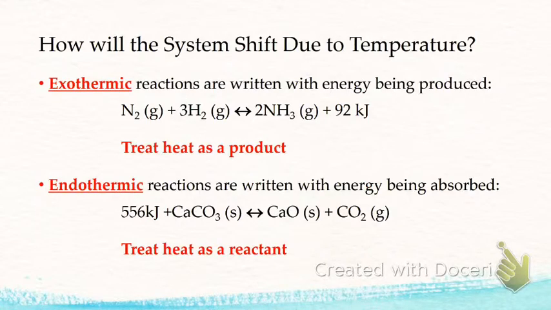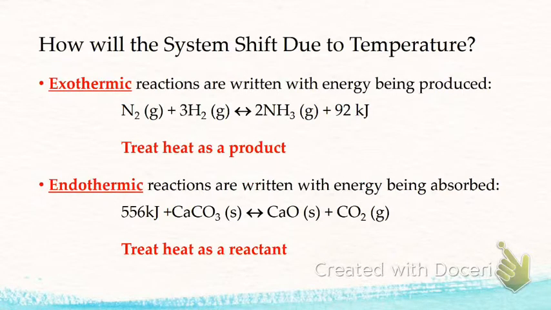In the case of an exothermic reaction, if I increase the temperature, which way is that going to shift? To the left. It's going to shift away from it. But if I decrease the temperature, so I'm removing heat, which way would that reaction shift? To the right, towards it.